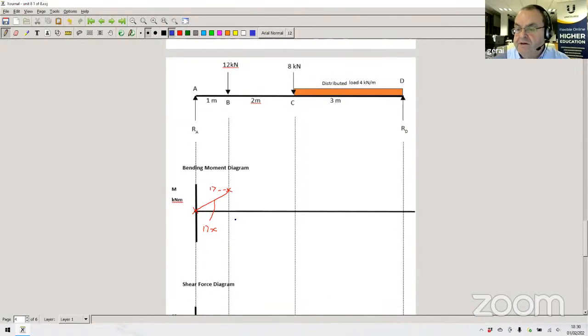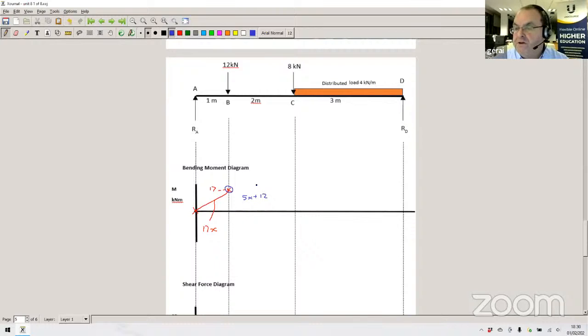Let's write that in there. The expression is 5x plus 12. If we put x as 1, it becomes 5 plus 12, which is 17. So that's going to give us that point there again.